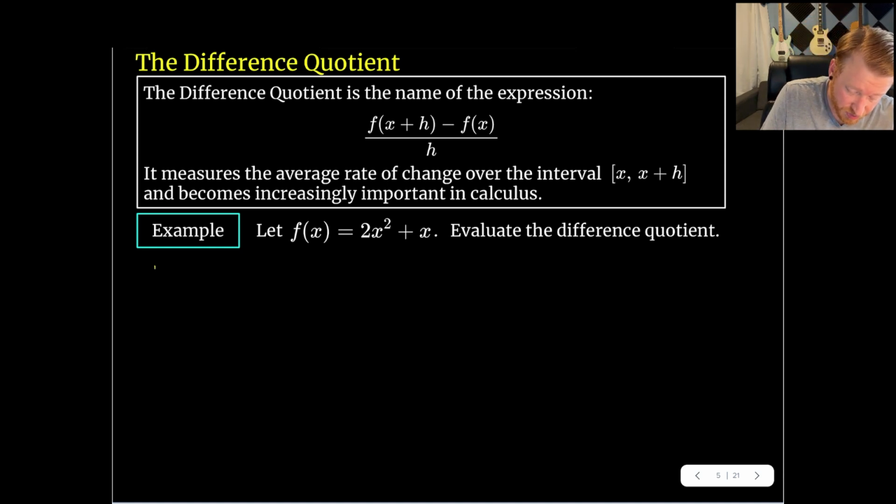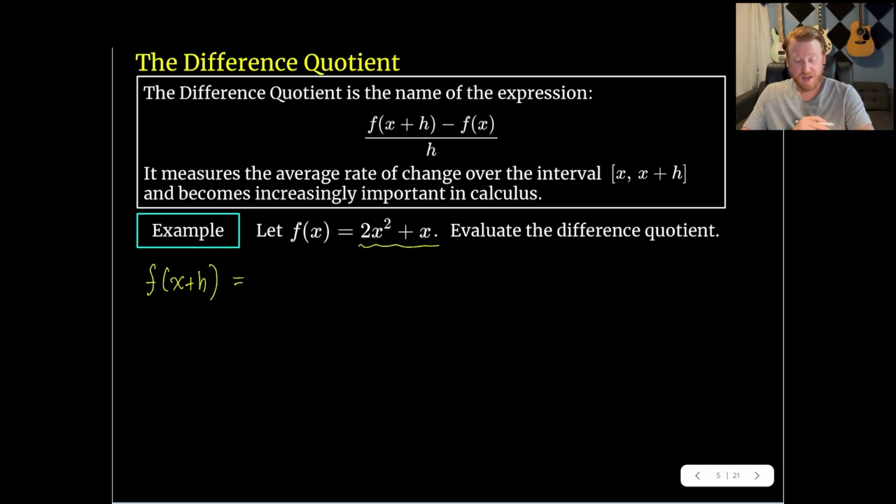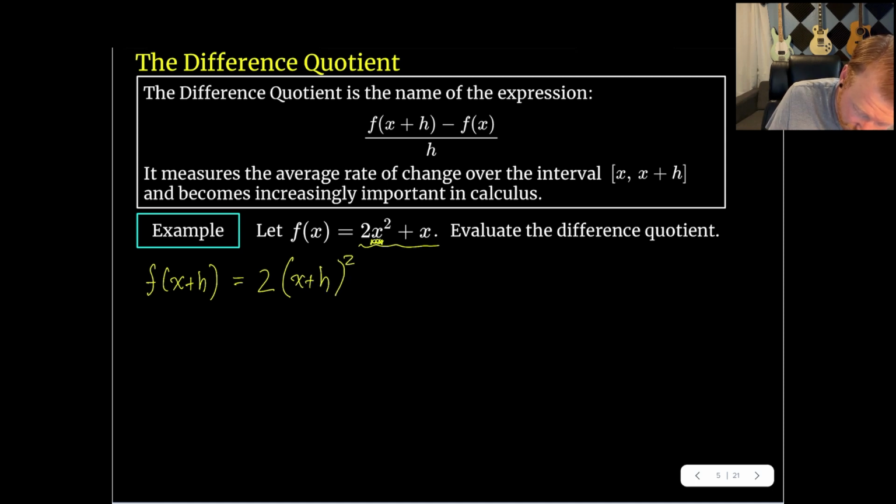So what I'm going to do first is just look at evaluating f of x plus h. And again, I'm looking at my original function here, and this is a substitution thing. Anywhere I see an x in the given equation, I'm just going to substitute in x plus h. So I've got 2 times x plus h squared. So I'm just literally, for this x here, plugging in x plus h.